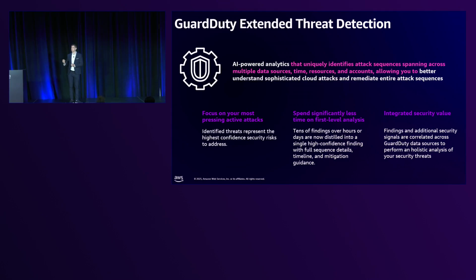And while most of these findings, where applicable, are mapped, for example, to the MITRE framework to help you understand what this type of finding in GuardDuty translates to in the really universal language of cybersecurity, you still need to triage and investigate many different types of findings, and the volume keeps increasing because the activity in cloud environments just scales.